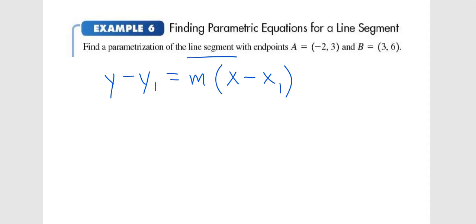Okay, now, the point-slope form of the equation of a line is y minus y1 equals m times x minus x1. Okay, now I know what you're quoting me. You're quoting me the definition of slope, right? Now, we're going to use a modified version of this formula.